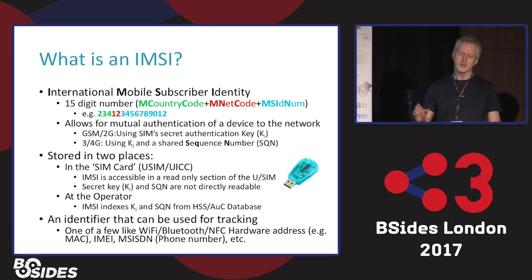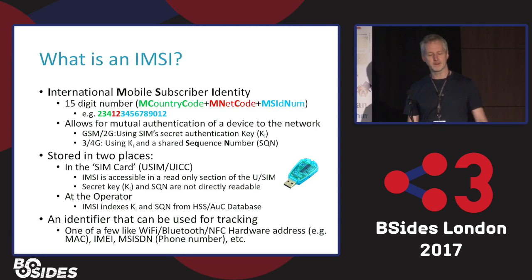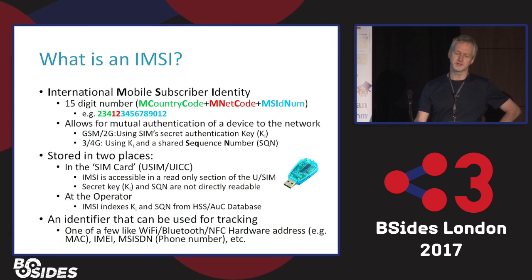And then the other crucial piece of information that is also required is something called the secret authentication key, KI, which is stored inside the SIM card and is also stored at the operator subscriber server. That's in 2G. All you need is the IMSI and the KI.